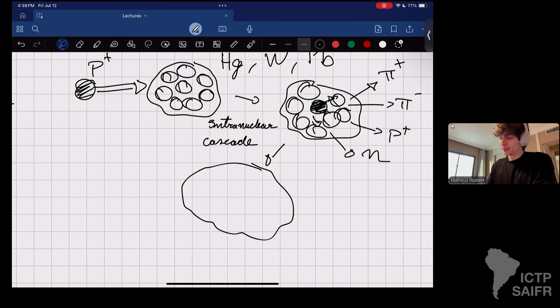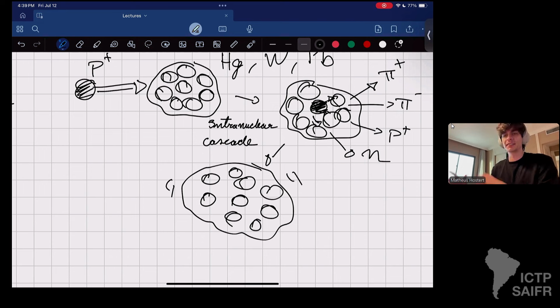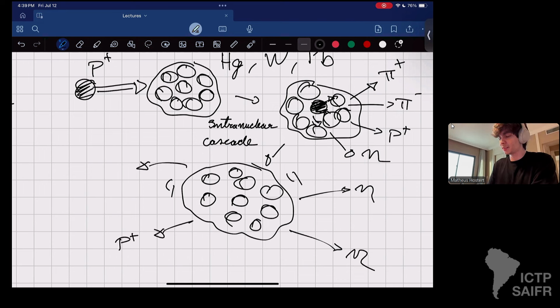But now you have a nucleus that has been granted energy, and it's in an excited state, and it wants to relax back to the ground state. And often it will do so by releasing a bunch of nucleons. Those can also be protons. And this step is called evaporation.